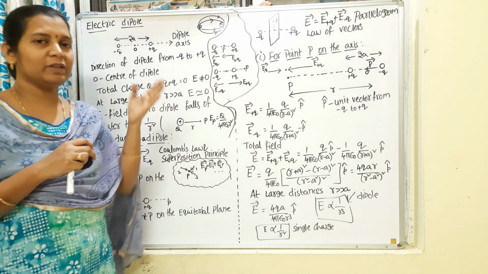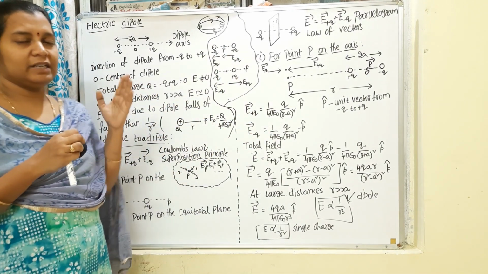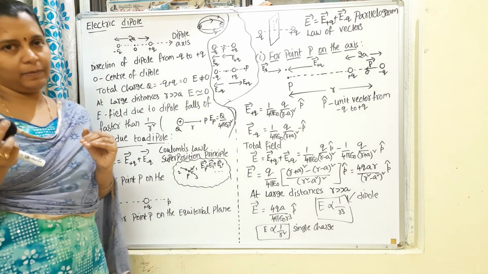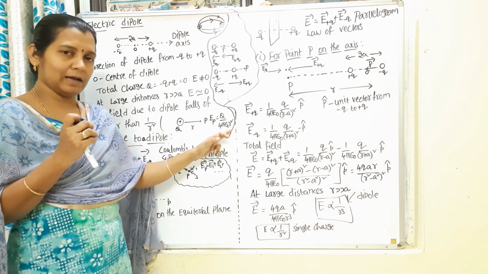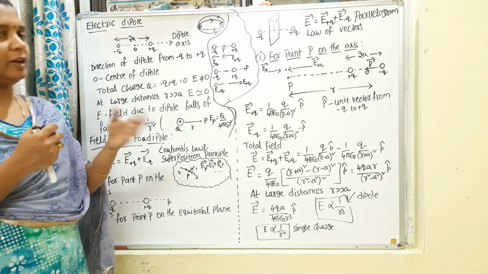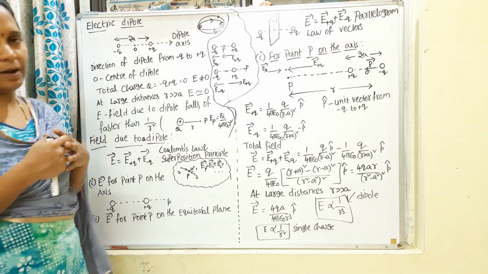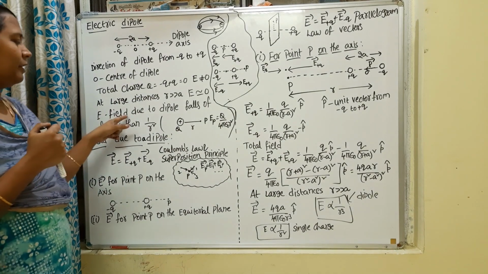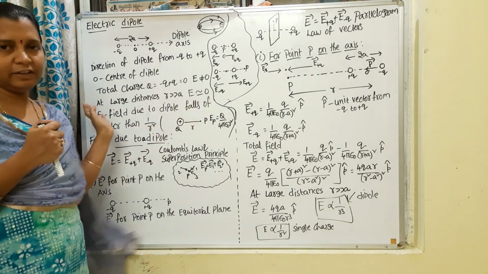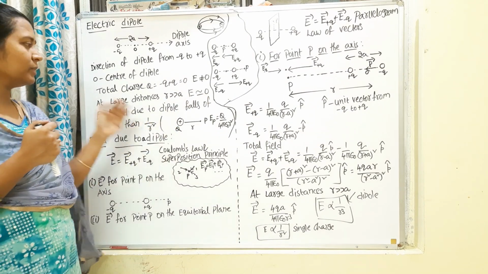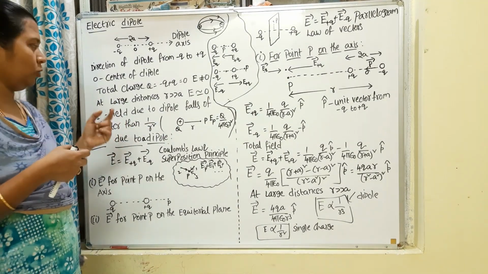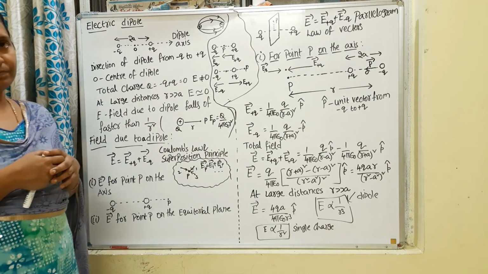What is the relation between the electric field and the distance from the source to the point P? Will it be related like r square or something different? We will see that in the derivation part. So the electric field due to a dipole falls off in a different way, not like a point charge.